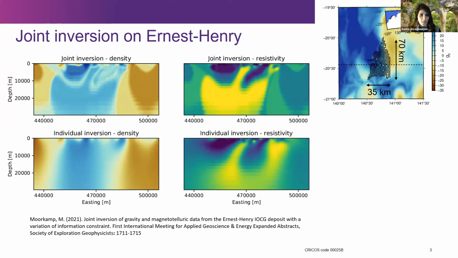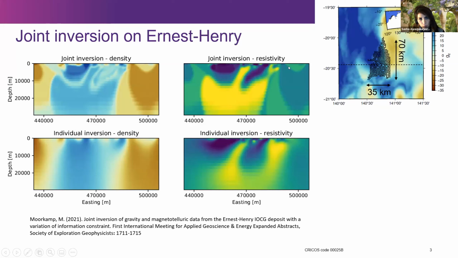And yes, the interesting part for me about this joint inversion was that when you look at these two models, the bottom ones are the individual inversions, and this one is density, this one is resistivity.